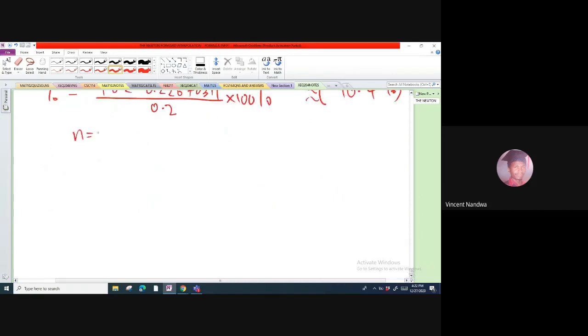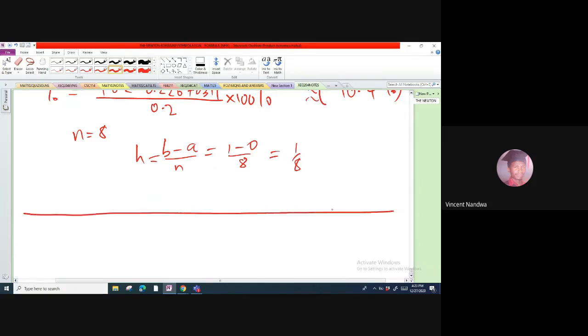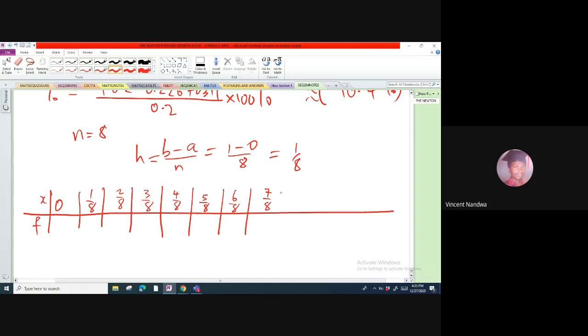Now when n is 8, b minus a over n, which is h, will be given by 1 minus 0 over 8, which is 1 over 8. So therefore we have x values and f values. So we have 0, 1 over 8, 2 over 8, 3 over 8, 4 over 8, 5 over 8, 6 over 8, 7 over 8, 8 over 8, which is the same as 1.